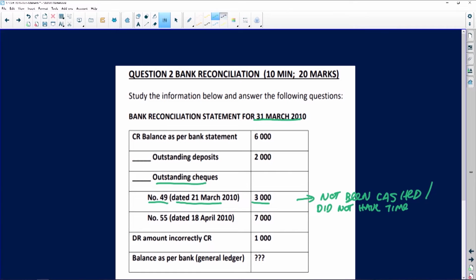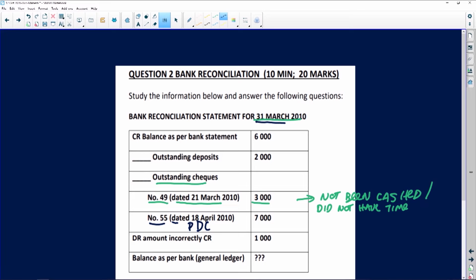Right, now let's look at the second check. Pay attention to check number 55. Remember this bank recon is prepared for the 31st of March. So the check was dated the 18th of April 2010. In other words, this is a post-dated check.